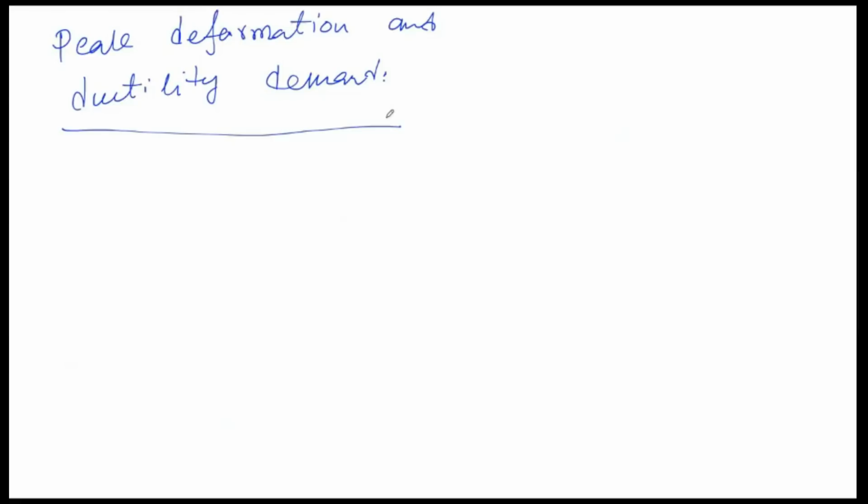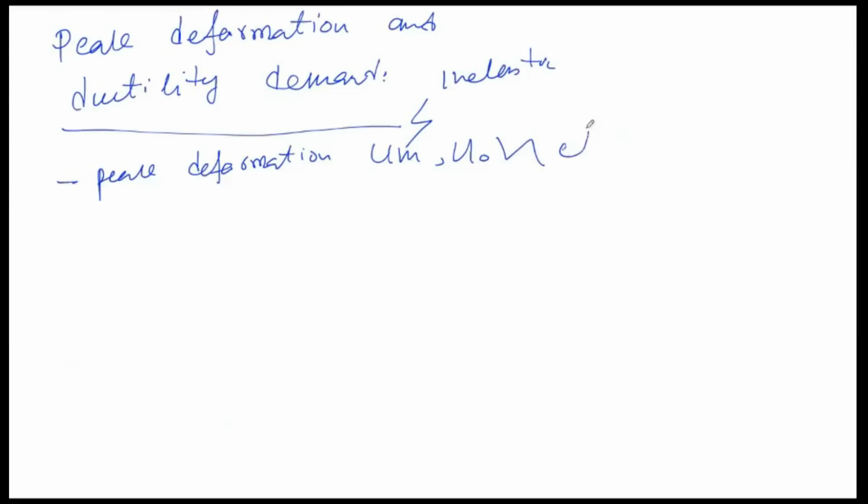So whenever you are looking at the response of a linear system, they are obtained by using computer programs. The peak deformation for the inelastic system is um, and the peak deformation for the elastic system is u naught. So this is inelastic, and this is elastic.